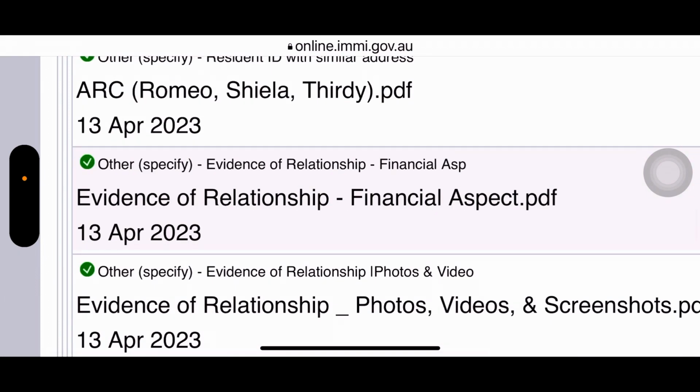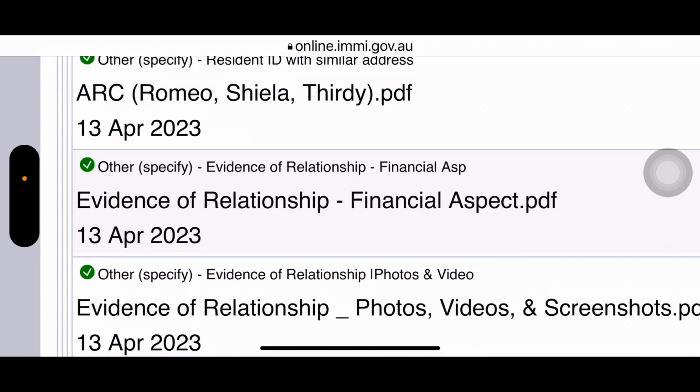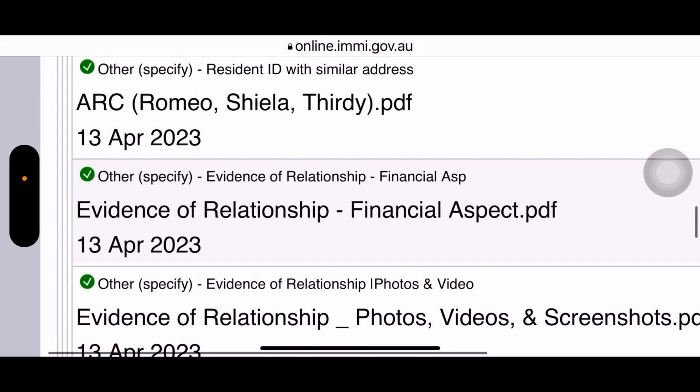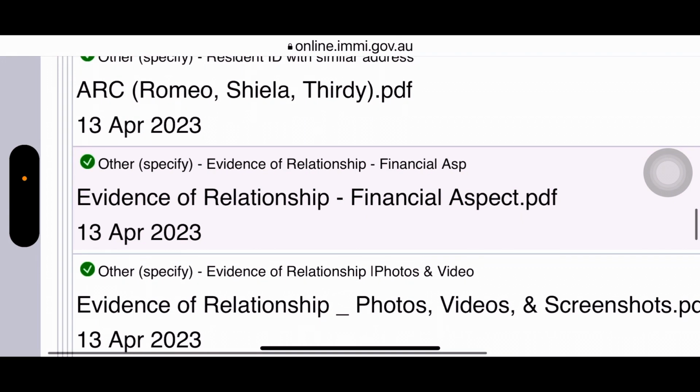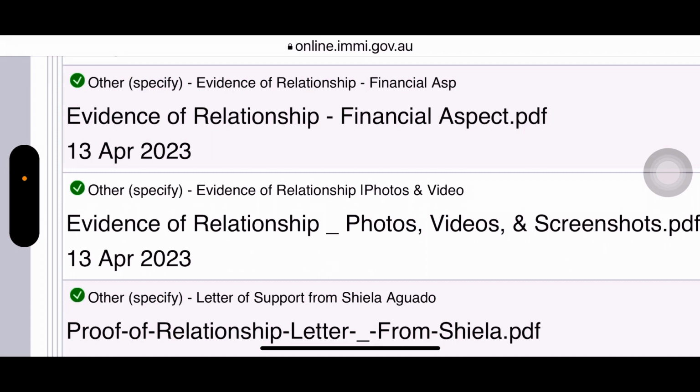And then evidence of relationship, financial aspect. This is just documentation of our money transfer history. If you need a format, or if you want to see how I did the format for this one, just let me know in the comments. And then evidence of relationship, photos, videos, screenshots.